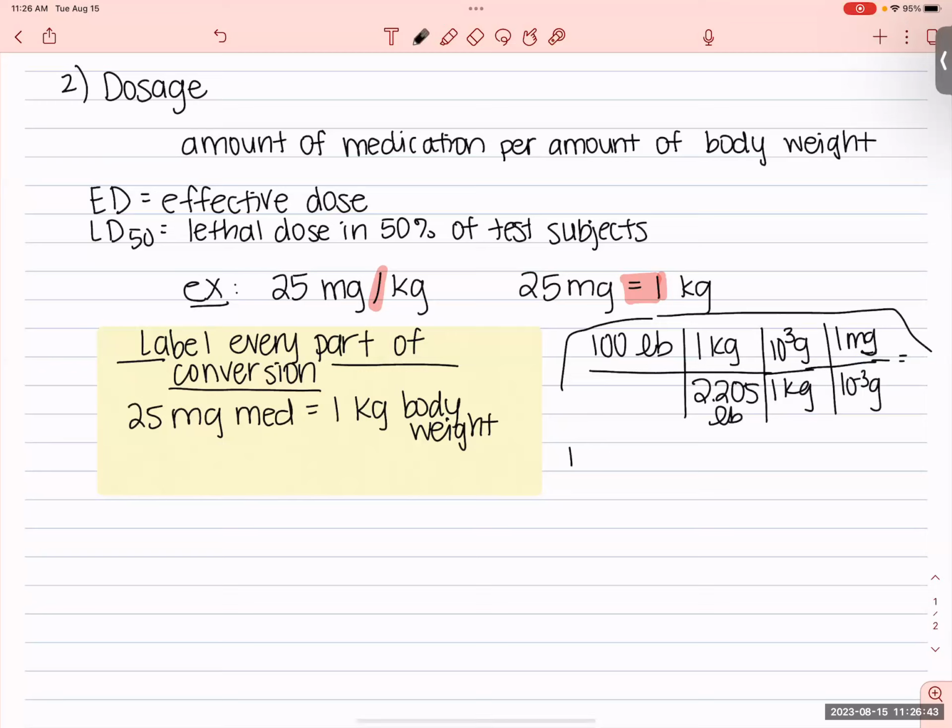So the correct way to set this up would be 100 pounds of body weight. Now I use my conversion. I know that I need to change pounds to kilograms. Again, it's of body weight.